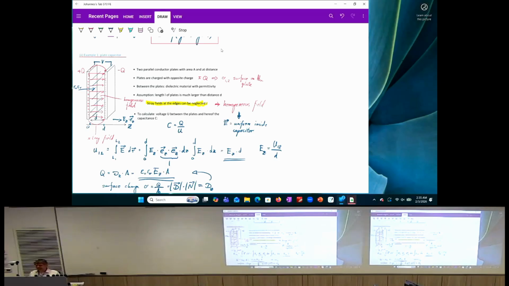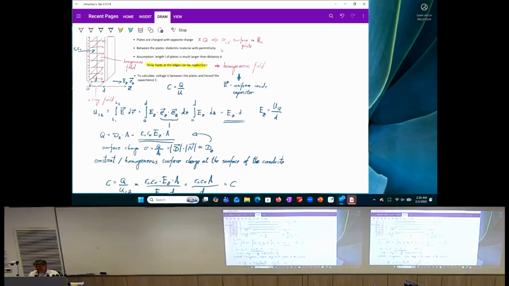And these plates are in between filled with some material, or it could be also vacuum, but we can assume in general that there is some dielectric in between that can have some permittivity. So we denote that permittivity here as epsilon naught times epsilon R. Epsilon R is the relative permittivity.